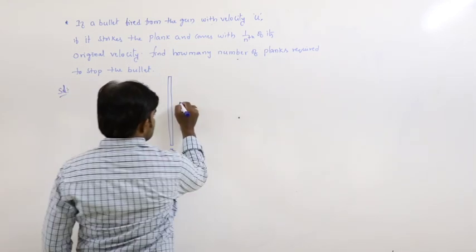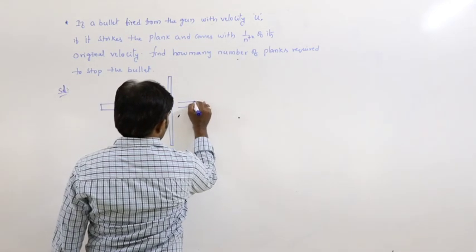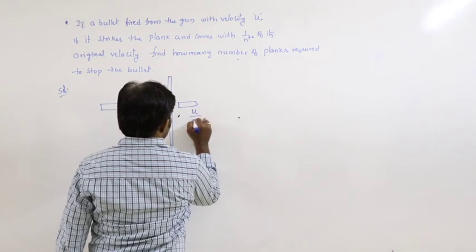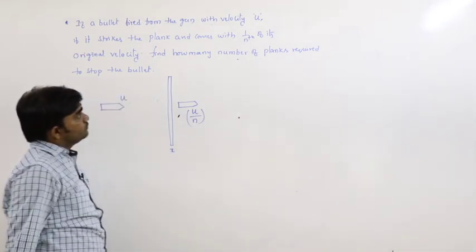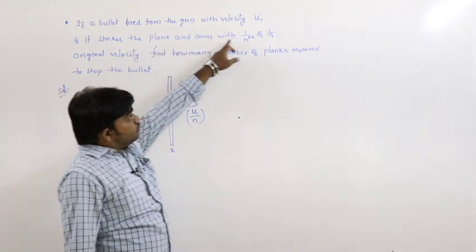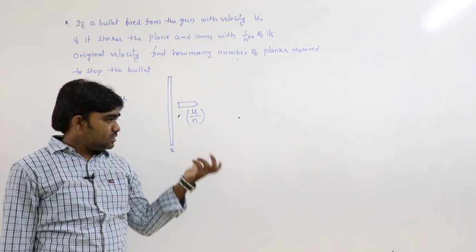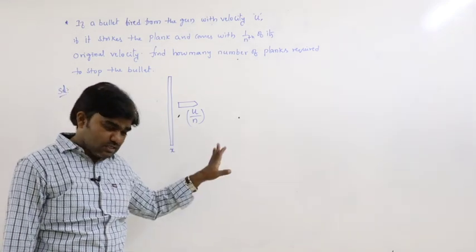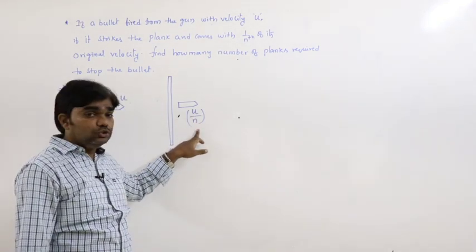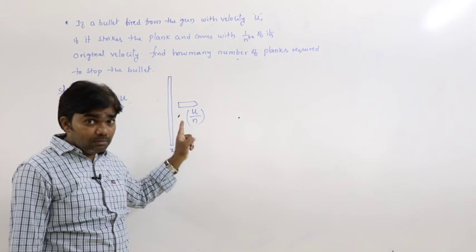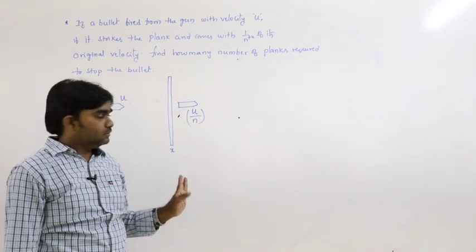After striking this, the bullet loses a certain amount of velocity and comes out with u by n. It comes out with what velocity? 1 by nth of its original velocity. That is the question.